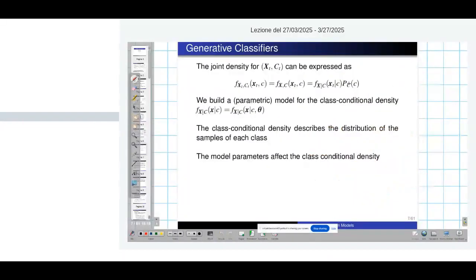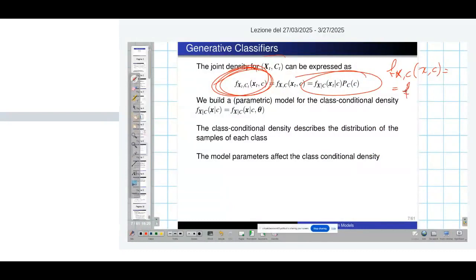So the question is how we can build a model for the joint density. What we need to do now is define what is a good model for the joint density that I can use to describe my features. This is where the difference lies essentially between generative and discriminative models. In generative models, we will factorize the density in this way. Remember that the joint density between class and features can be factorized in two ways.